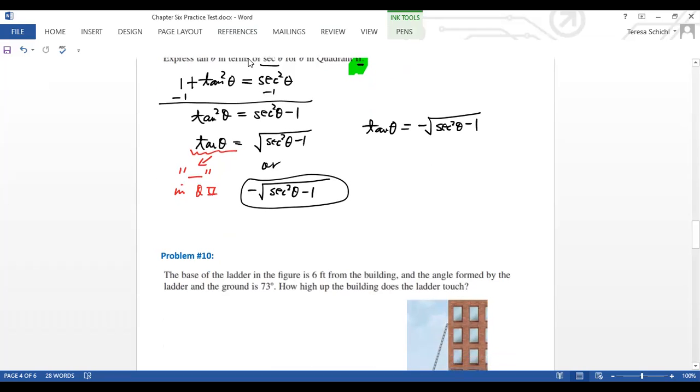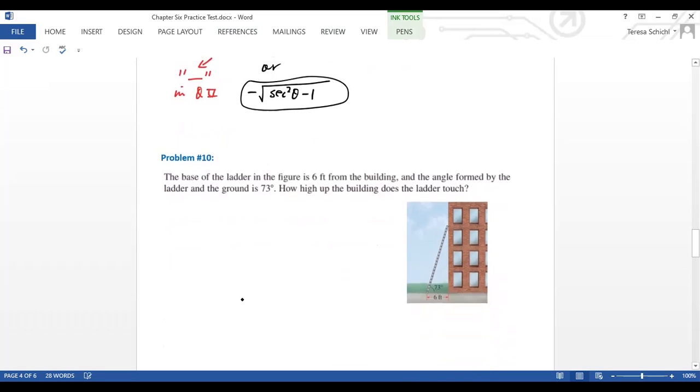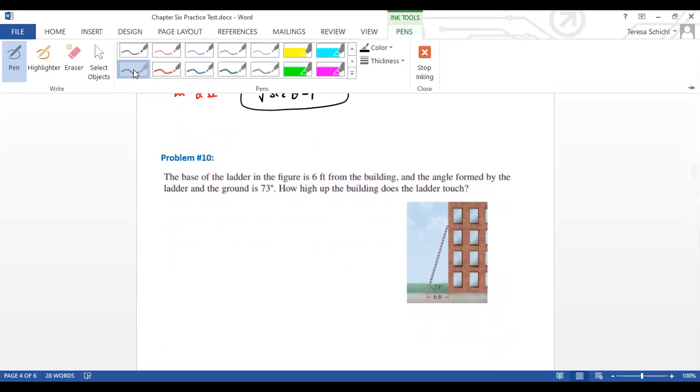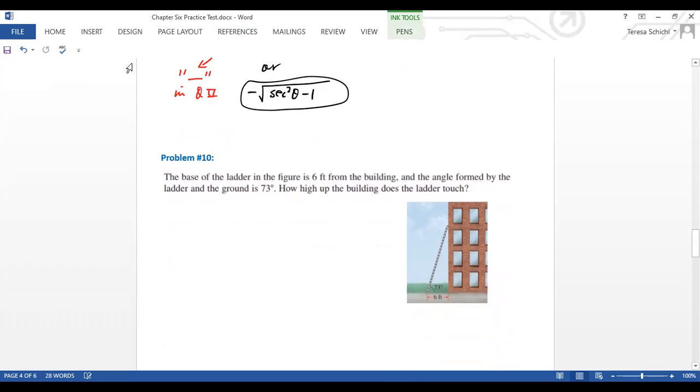Okay, so now let's take a look at problem number 10 here. They tell you the base of the ladder in this picture is 6 feet from the building. So that means here to here is 6 feet. And the angle is 73 degrees.